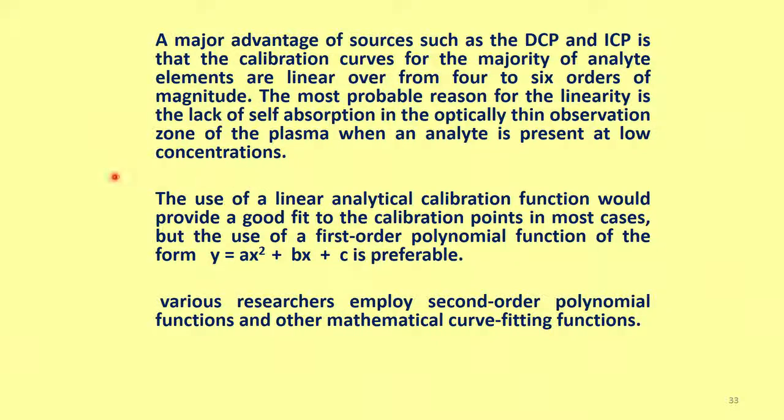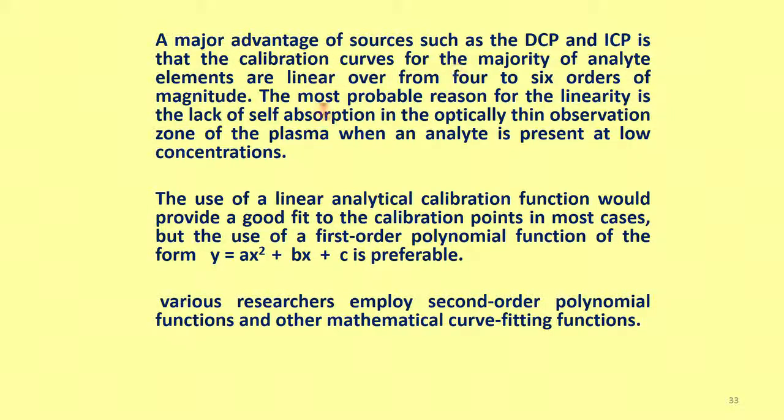So, a major advantage of sources such as DCP and ICP is that the calibration curves for the majority of the analyte elements are linear from 4 to 6 orders of magnitude. This you should remember. I have again and again emphasized that in spectrophotometry the calibration curve would be 2, 4, 5, 6, 10 or 10, 20, 30 or 100, 200, 300, all in the same order depending upon the sample.